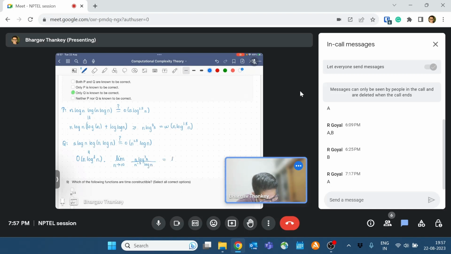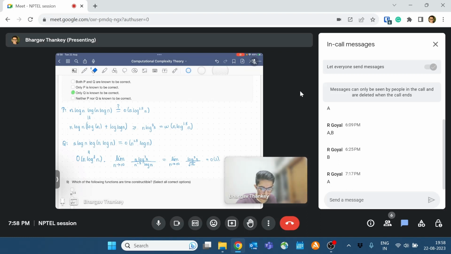So what is this? This is log square n divided by the root of n. Because log square n is much smaller than square root n, right? So this is in fact true in this case.